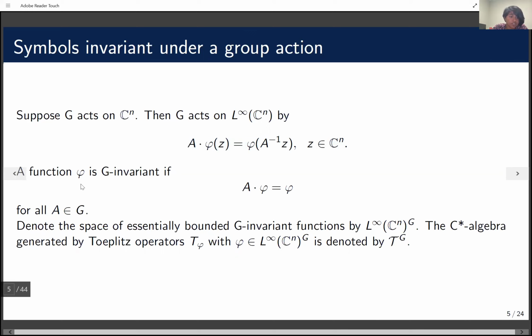We say a function phi is G-invariant if A dot phi is equal to phi for all the elements in the group. Now, we denote the space of essentially bounded G-invariant functions by L infinity (C^n)^G, and the C-star algebra generated by those Toplitz operators with symbols in here by T_G.